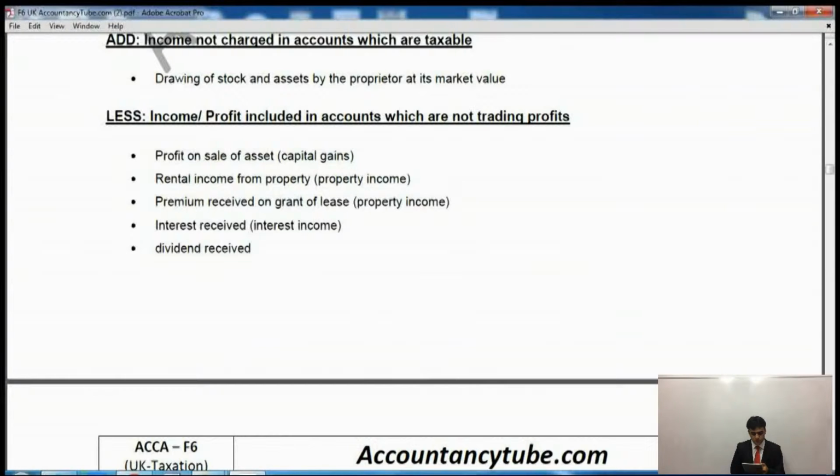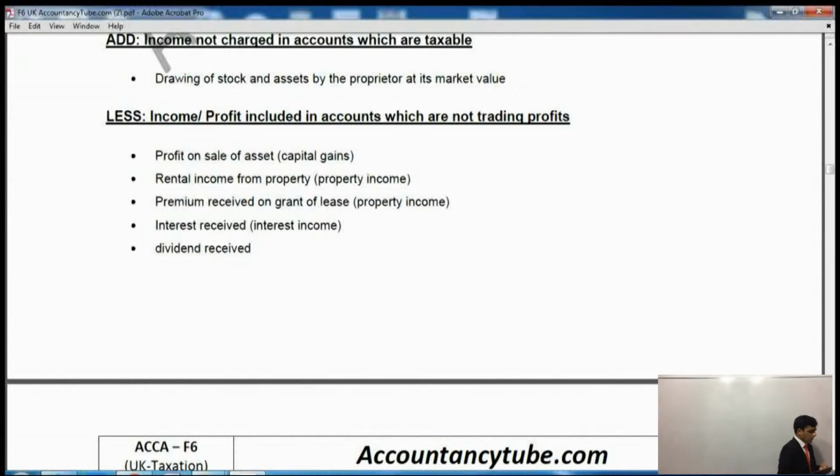Then rental income from property, it is property income, not trading income, is it? Then premium received in grant of lease is also property income. Interest received is the interest income. Dividend received is a dividend income. So these are all non-trading income. So if there is any non-trading income in the accounting income statement, then you will have to deduct them as well.